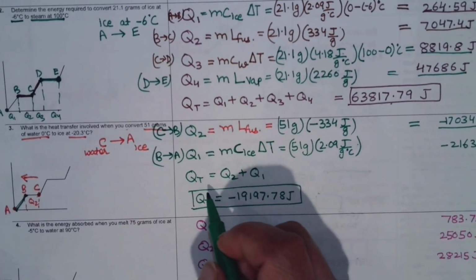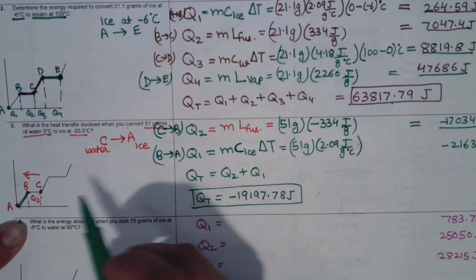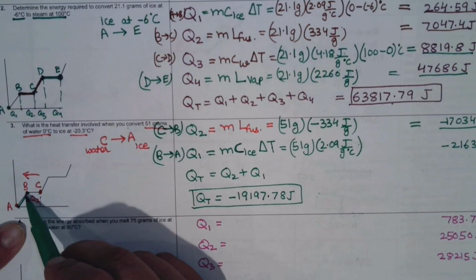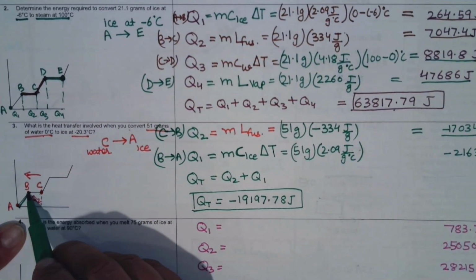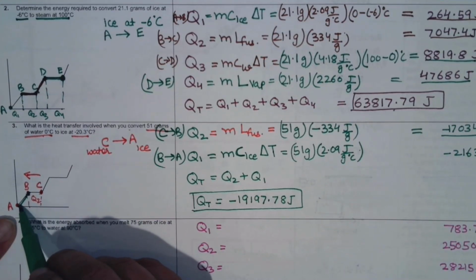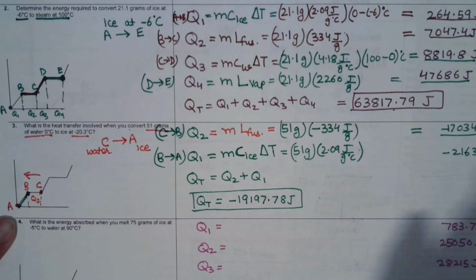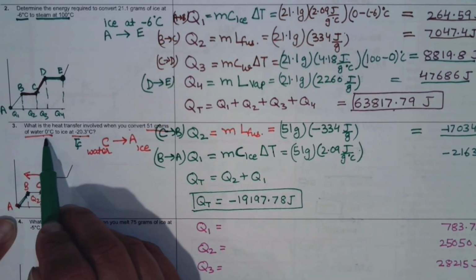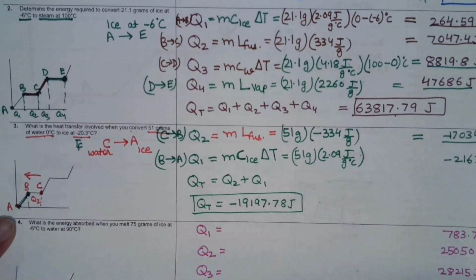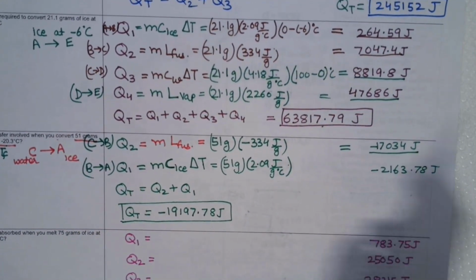And delta T. Now here's the tricky part. So you are at point B, which is 0 degrees Celsius, right? That is the initial temperature. And you are going to negative 20.3, that is your final temperature. So this is T final. This is 0 degrees Celsius ice, T initial.